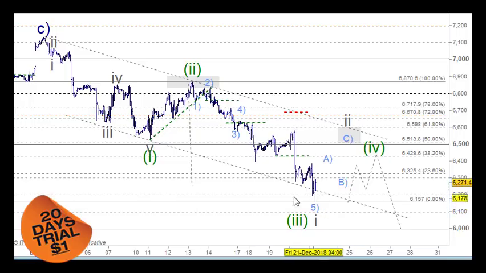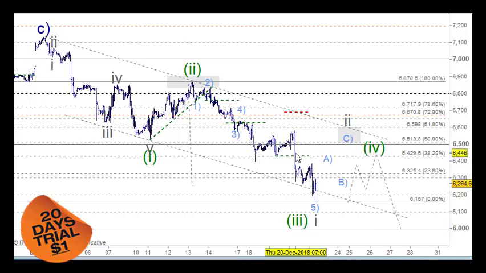I mean, the other count here too, on the more bearish side, is that we've got wave 1 here, wave 2 here, and all of this can be wave 1 here again, but the wave 2 here comes up higher to the wave 4 of 1 lesser degree at the 61.8% mark here. So let's just see where we go to here or to here, and in both cases, we'll still be expecting the market to move lower, so it's no big deal.